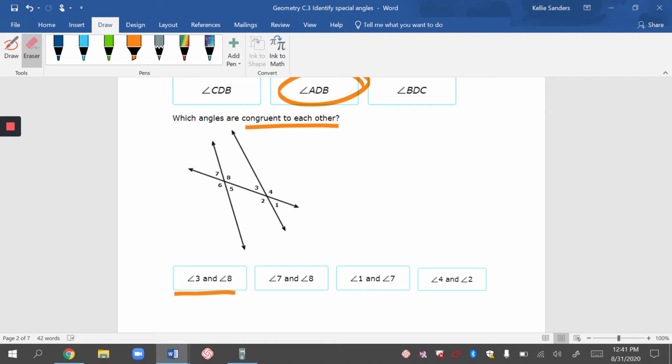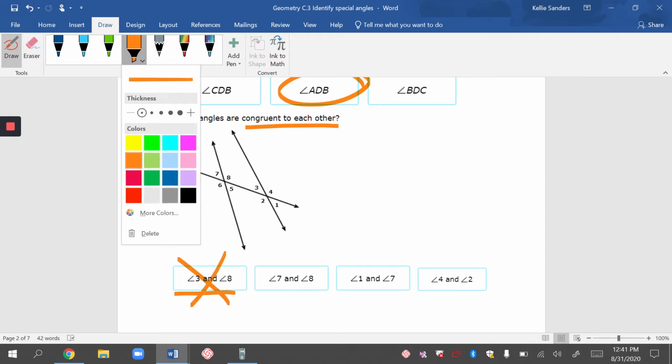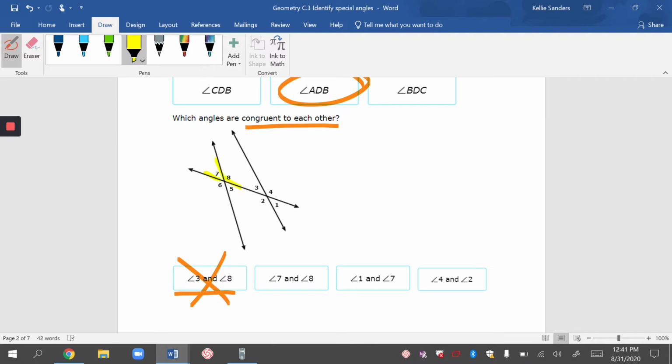They are not the same size because angle 3 is an acute angle, which means smaller than 90 degrees, and angle 8 is an obtuse angle, which means that it's way bigger than 90 degrees. So it's not 3 and 8. All right, let's look at 7 and 8. Here is 7 and here is 8. Again, angle 7 is acute, angle 8 is obtuse. Those are not going to be congruent.